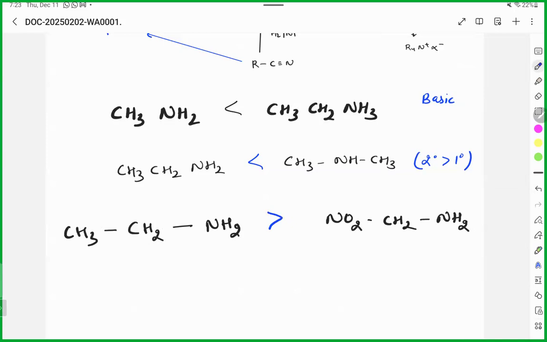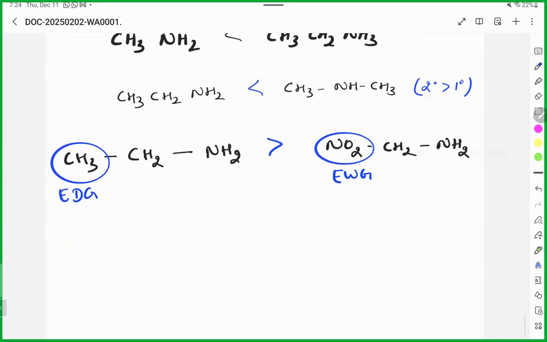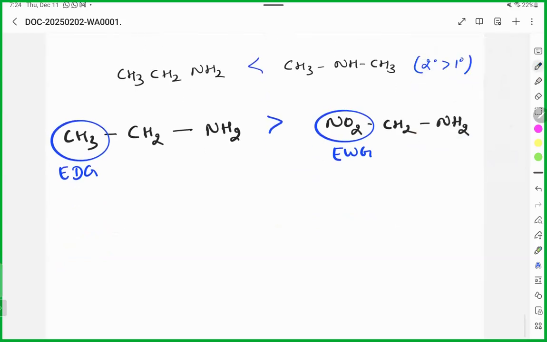First one. Why? Here you have an electron donating group. NO2 is an electron withdrawing group. Donating groups increase basic character. Withdrawing groups decrease basic character. Correct. But one extremely important point.